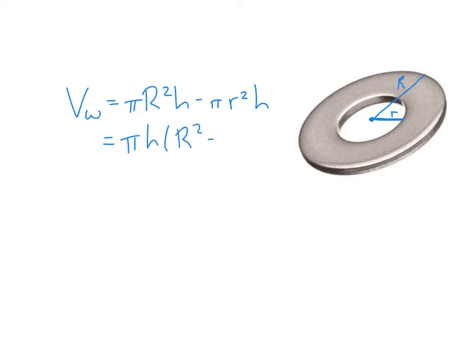And then in the parentheses we've got our big R squared minus little r squared. I'm going to rearrange these terms and put the pi in front. So we've got big R squared, little r squared on the inside, and then h in the back here. So again, the volume of our washer is pi times big R squared minus little r squared, and h on the outside.